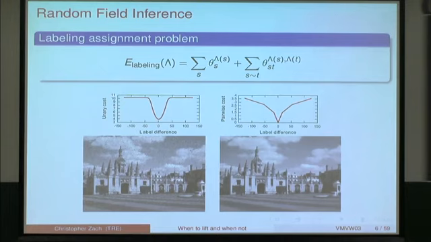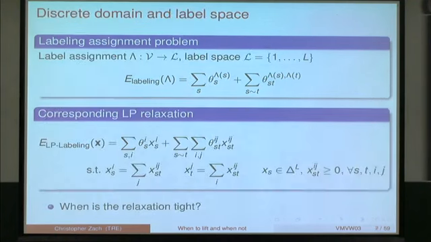Plus the second term, the pairwise term, is a regularizer that says that labeled pixels in your solution should roughly correspond to natural image statistics. This is usually a tough problem because of the non-convexity of the underlying problem.